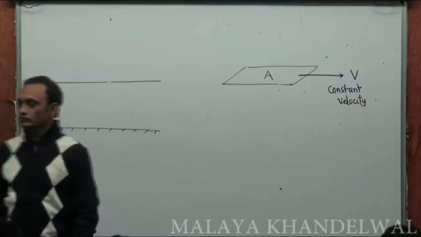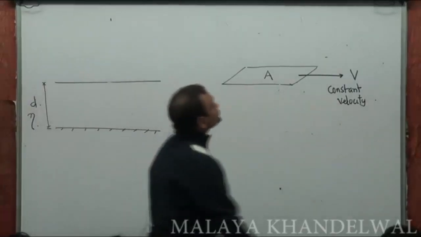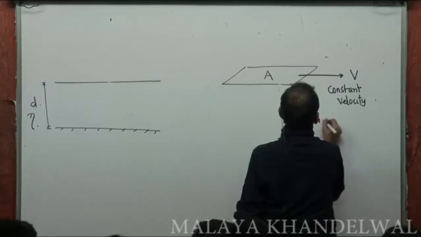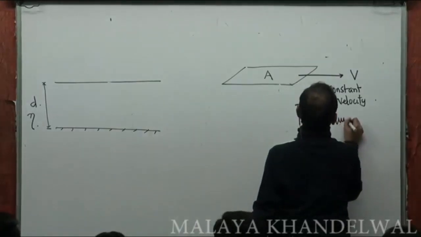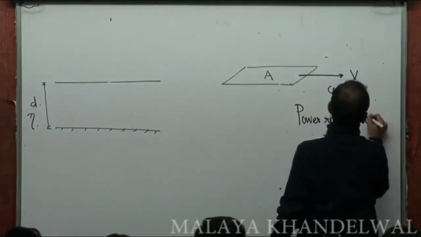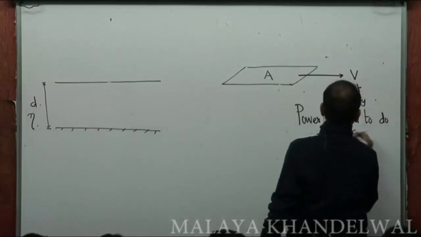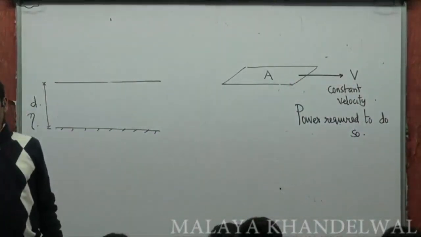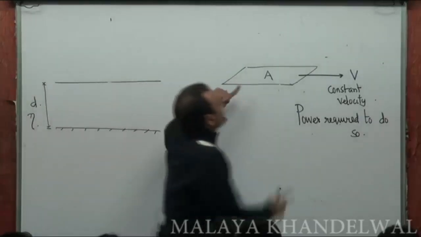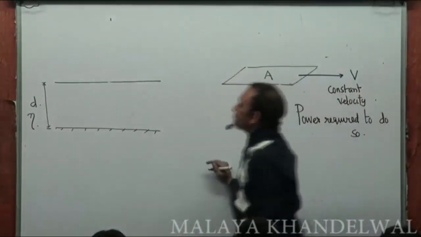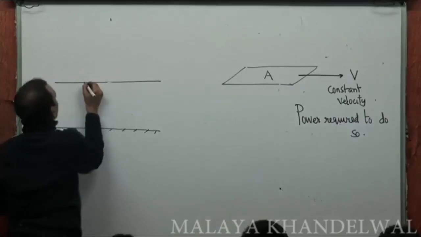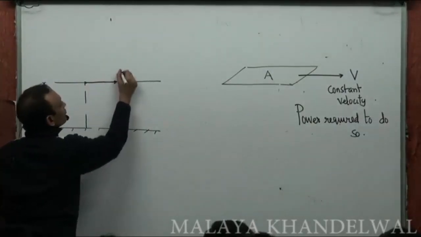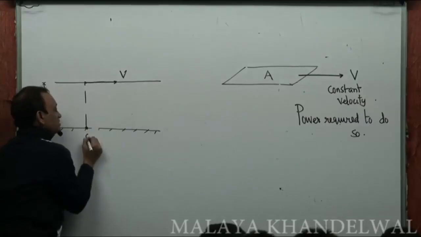I want to find the power required to do so. Now, first of all, when it is moving with constant velocity v, the plate here has a velocity v, and the point here has 0 velocity.